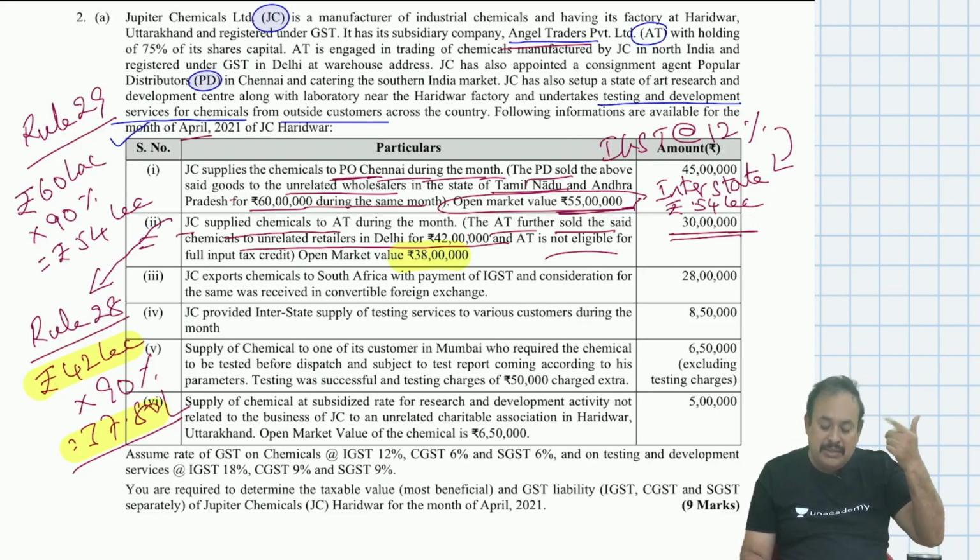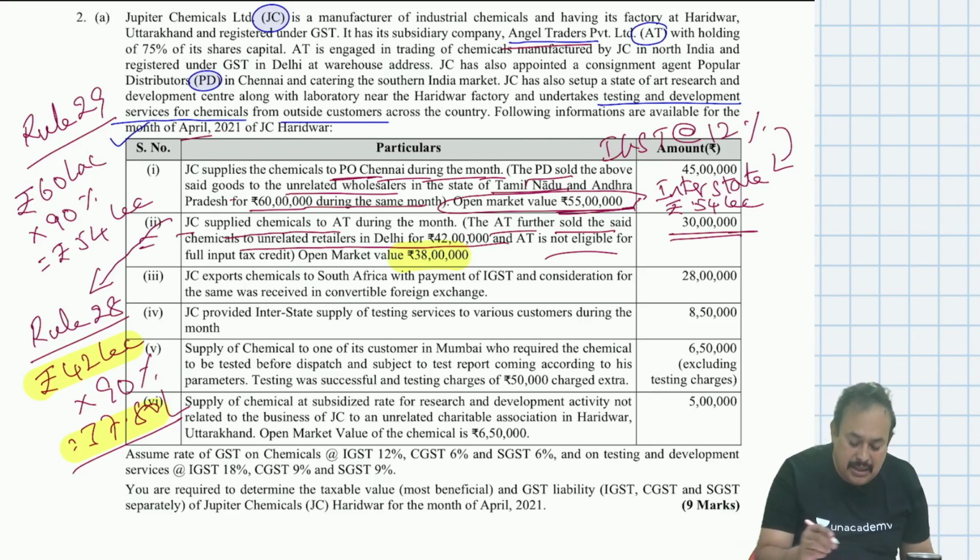So here the best value is 37 lakh 80,000. It is the value in the given case.